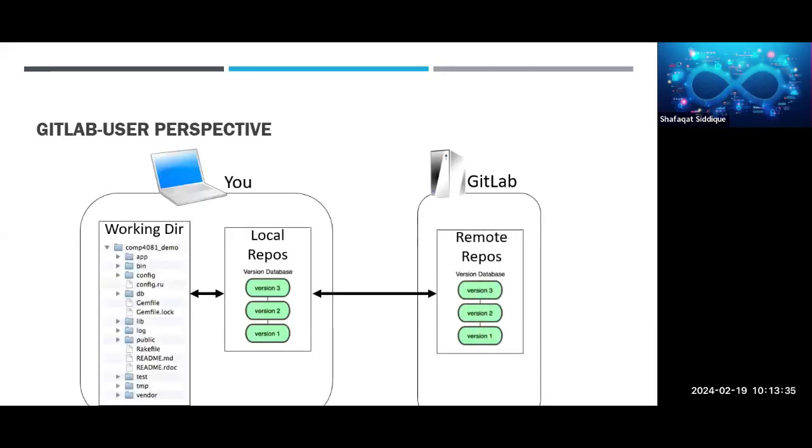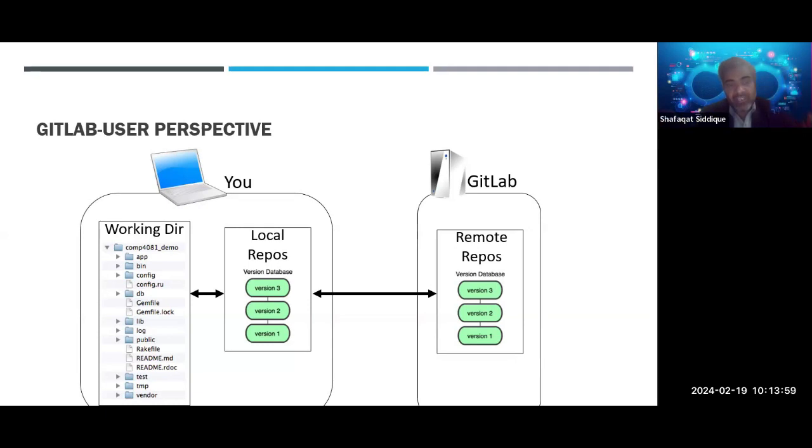If we talk about GitLab, what is GitLab? It is software that is used for version control. From the GitLab user perspective, on the left side of this slide you can see the working directory.